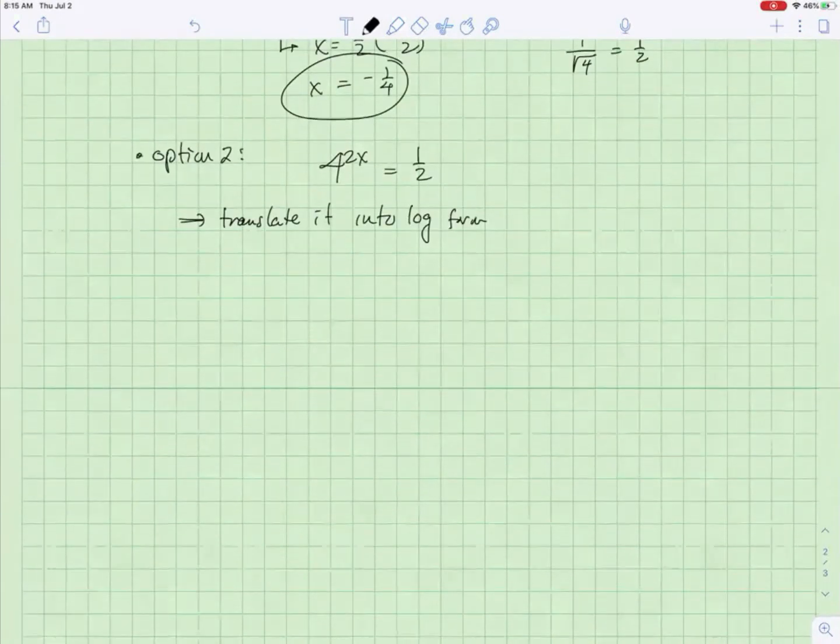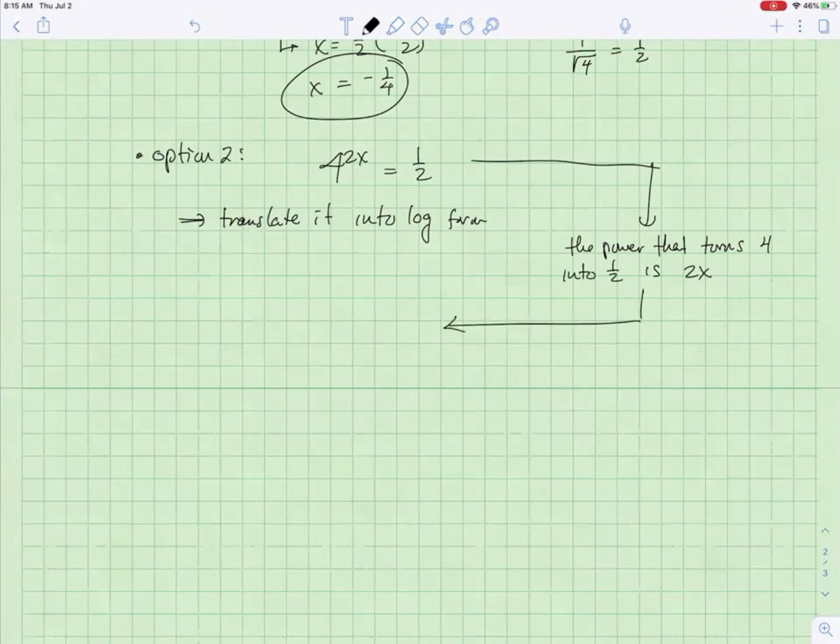Well, this expression says the power that turns 4 into 1/2 is 2x. That's how you can read that. Instead of saying 4 to the 2x is equal to 1/2, we can say the power that turns 4 into 1/2 is 2x.